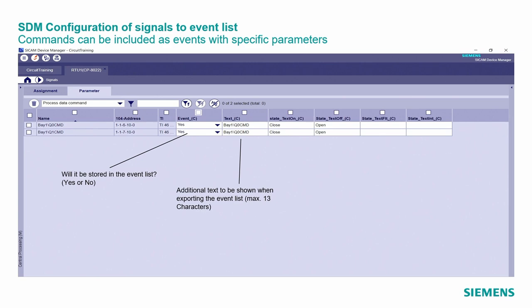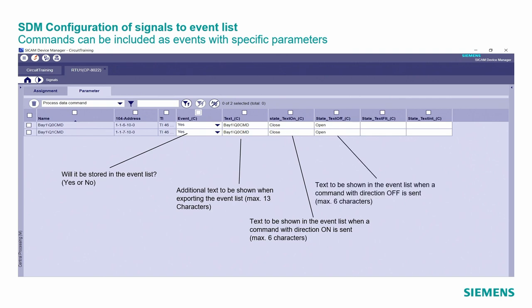This is up to 13 characters long. You can define when the command was sent in on or close direction, which text should be included in the event stored. If the command was sent with open or off direction, which text would be shown there.